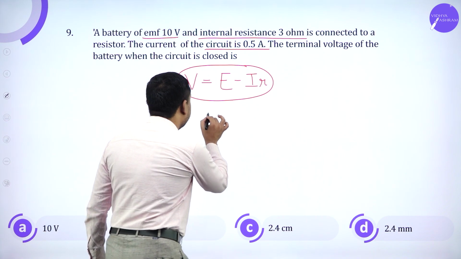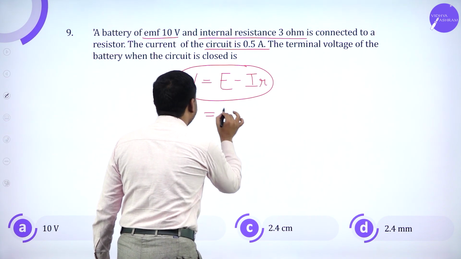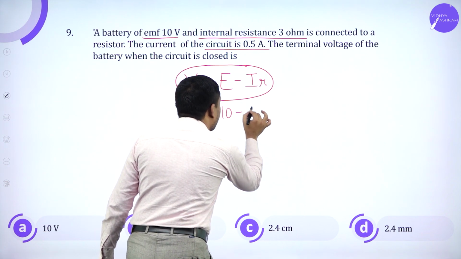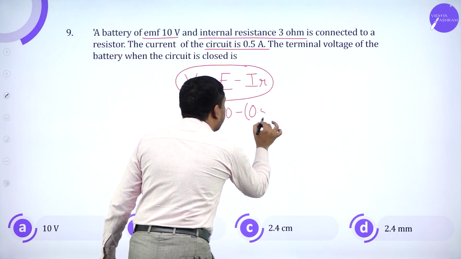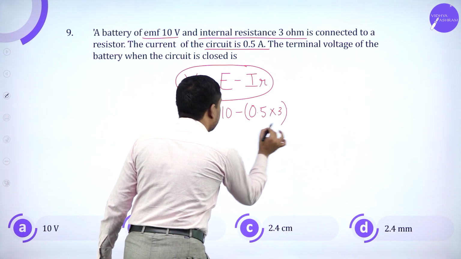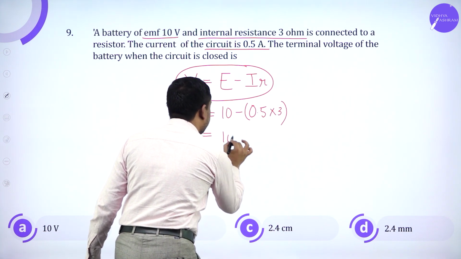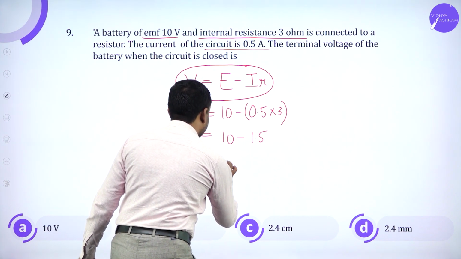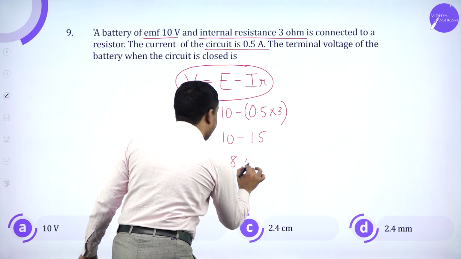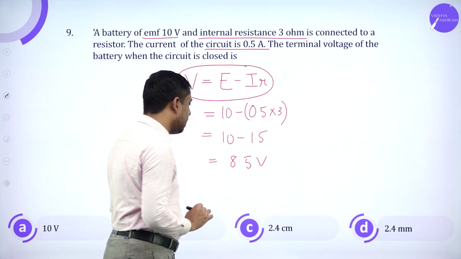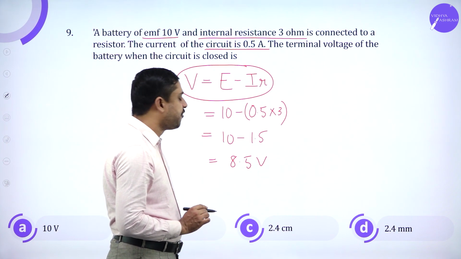So the EMF is 10 minus the current flowing, 0.5, into 3. This is 10 minus 1.5, so this has to be 8.5 volt. So the answer is 8.5 volts.